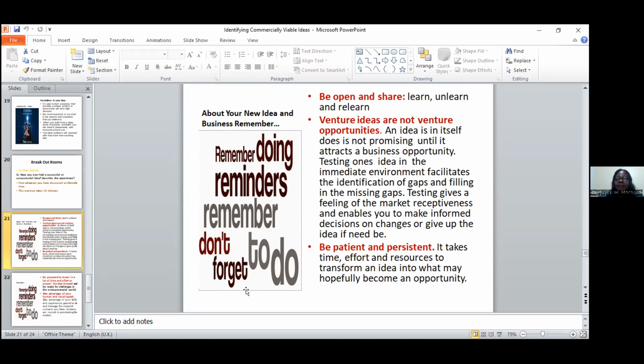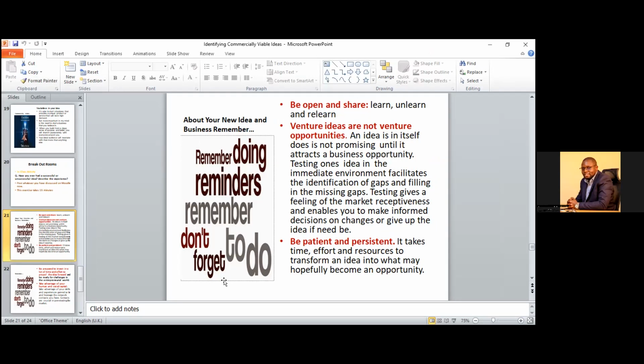So remember again about your new idea. Remember this: venture ideas are not venture opportunities. An idea in itself does not promise; it attracts business opportunity only when tested. Testing one's idea in the immediate environment facilitates the identification of gaps and filling in the missing gaps.